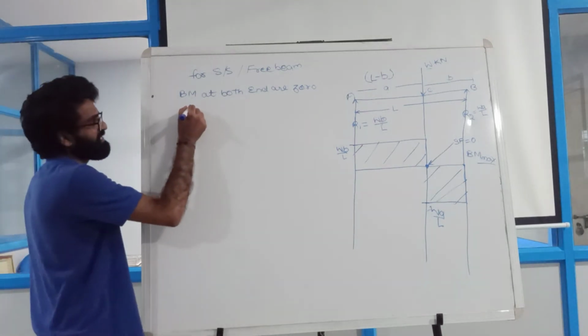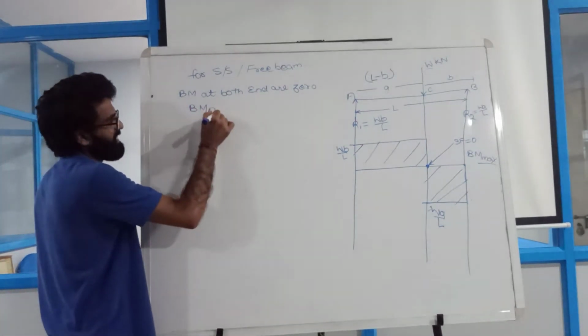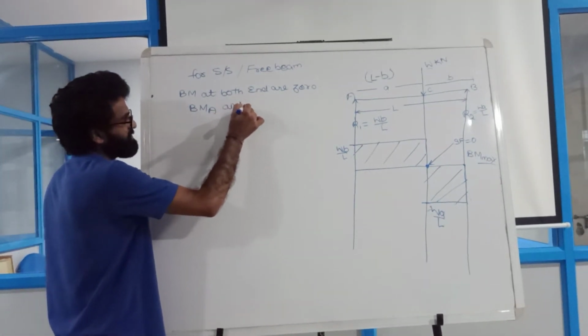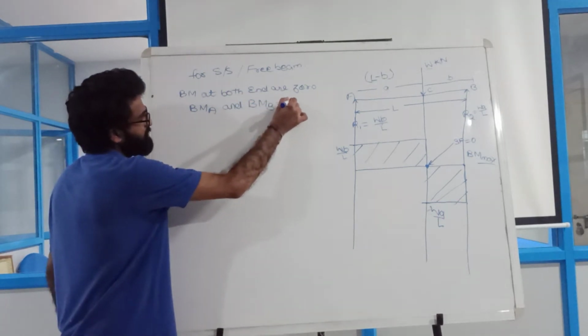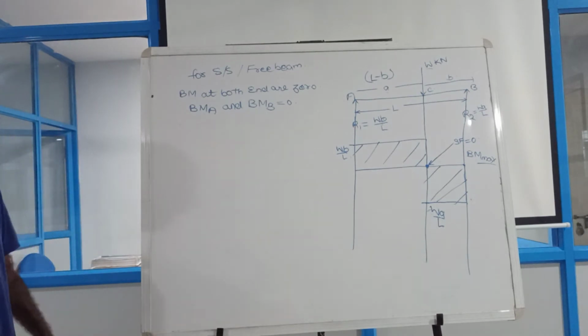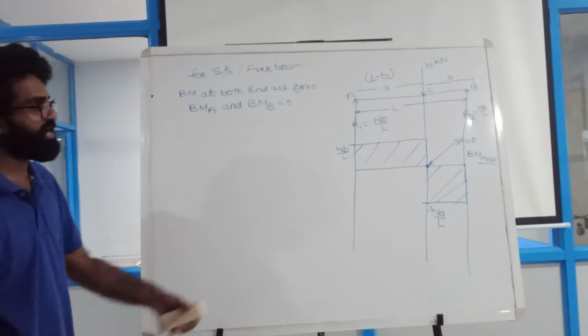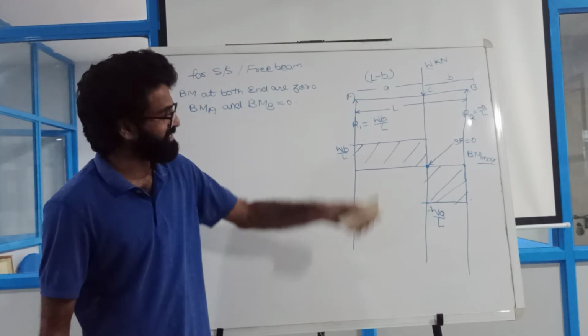So I can directly write that the bending moment at A and the bending moment at B is equal to 0.